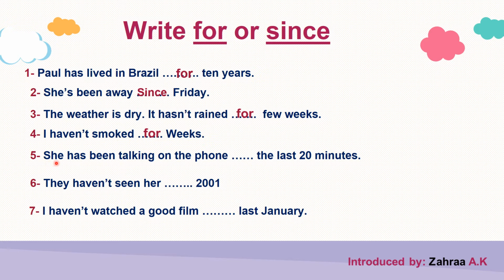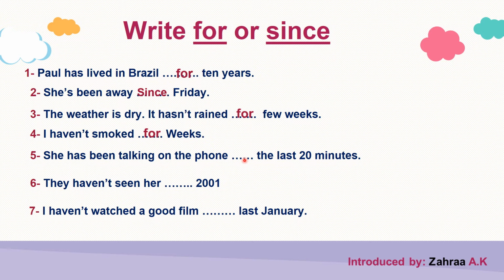Number 5, she has been talking on the phone. هي تتكلم على الهاتف since or for the last 20 minutes. The last 20 minutes. آخر 20 دقيقة. بما أنها آخر 20 دقيقة لكن ما محددة من أي ساعة، مثلا من الساعة 7، ما محددة.